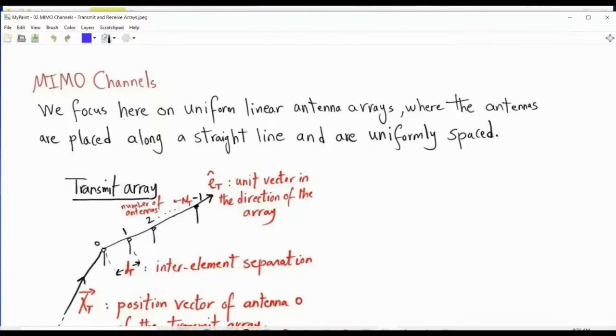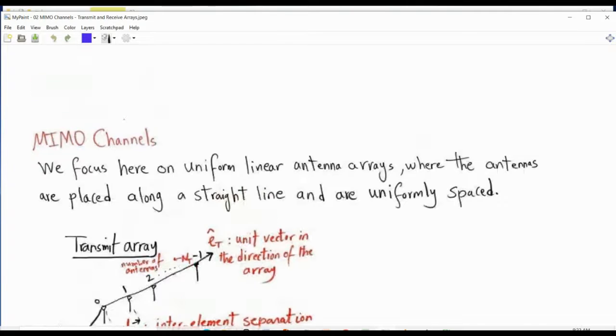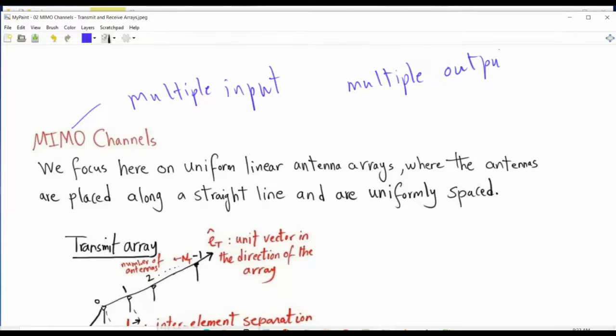Great. So MIMO channels. Modern communication systems can achieve a high rate using multiple antennas at the transmitter and receiver. MIMO is a word that is used in system theory in general, and it means multiple input, multiple output, which means that we are talking about a system with multiple inputs and multiple outputs, nothing else.